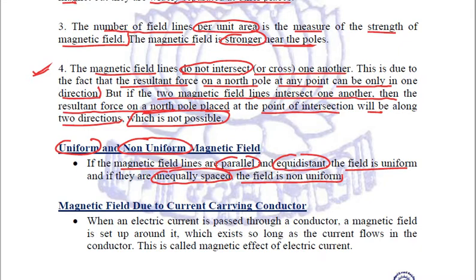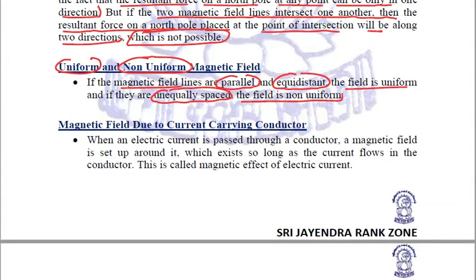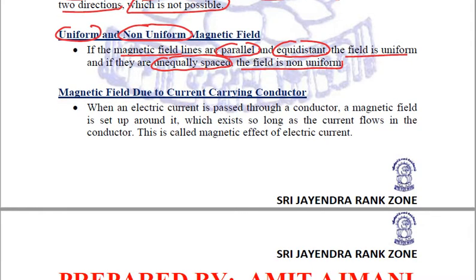Fine. Now from here, please try to relate, because we will be studying the pattern of magnetic field and magnetic field lines in a conductor, right? How magnetic field is produced due to a current carrying conductor.